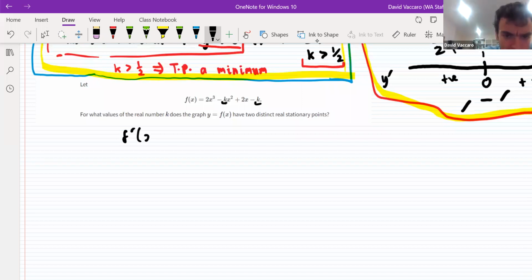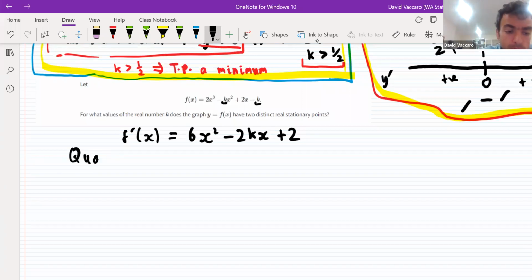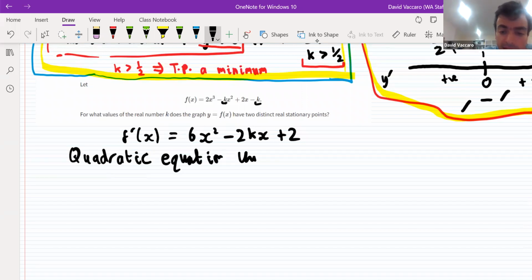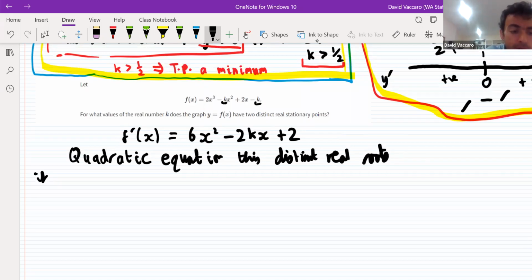So we do f dash x is 6x squared minus 2kx plus 2. Okay, this is a quadratic equation, and this has distinct real roots if and only if the discriminant is greater than 0.